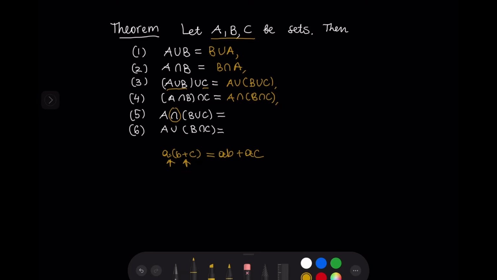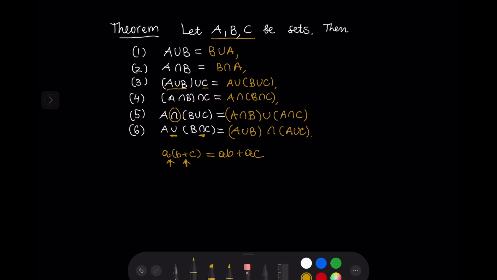So we are going to have that this is A intersected with B union A intersected with C. And the next property is basically we take property 5 and replace intersection with union and union with intersection. So this is A union B intersected with A union C.